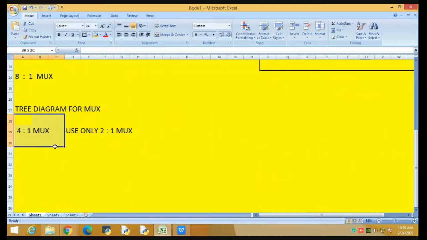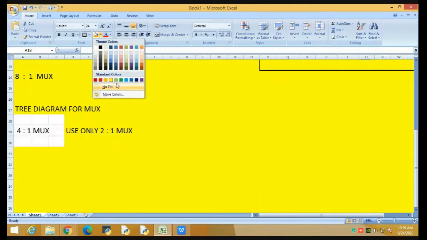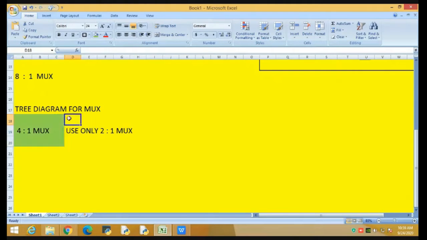A 4 to 1. And what do we have to use? We have to use 2 to 1. So using 2 to 1, we define the 4 to 1.